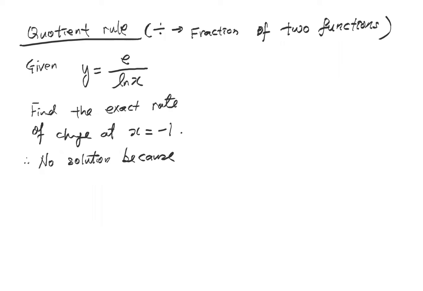Because y equal to e over ln x is undefined at x equal to -1. Why can I say it is undefined at x equal to -1? Why can I use this word undefined? If I don't want to use this, can I use another way of saying it?